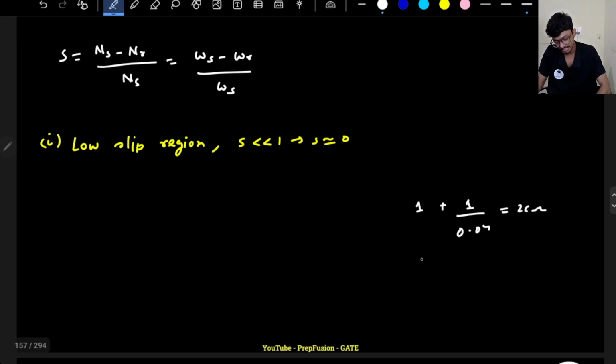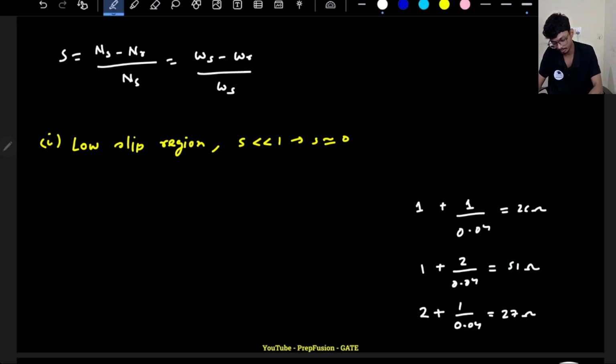Now let's assume I change R2 dash. I keep R1 the same and change R2 dash to 2. It now becomes 51 ohms. And in the third case, if I make R1 equal to 2 and R2 dash is the same, the value is 27 ohms.